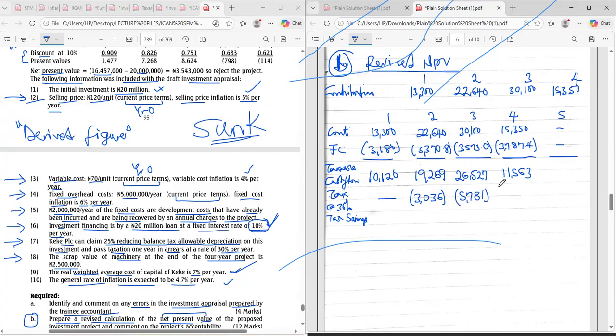All right. What about the last tax? Tax of 26,527. How much? 7,958. Because they said the tax is going to be paid in arrears. Then do the last tax, 11,563 times 30. 3,469, abi? Bracket.